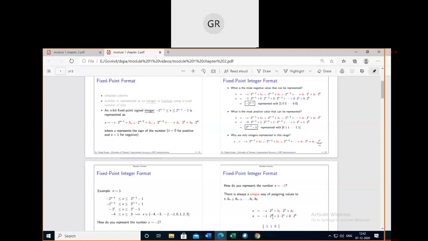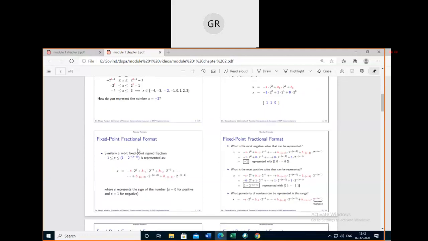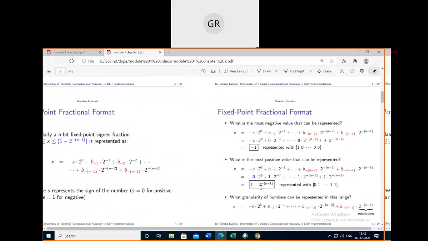That's why minus 1 into 2 raised to 2 plus 2 is 1 0, that is, 1 into 2 raised to 1 plus 0 into 2 raised to 0. Similarly, the fractional format is the number representation where the most negative value is minus 1 and the most positive value is 1 minus 2 raised to minus n minus 1.